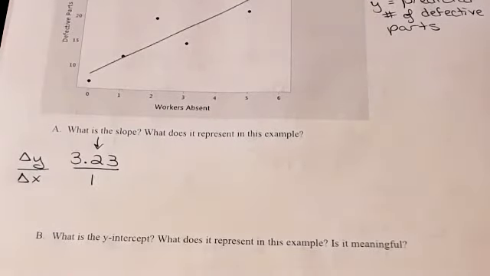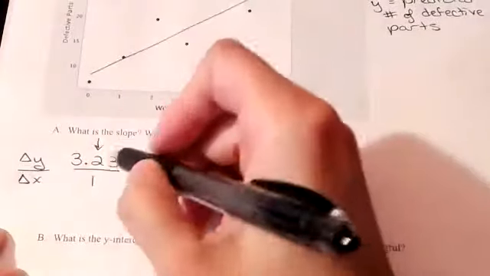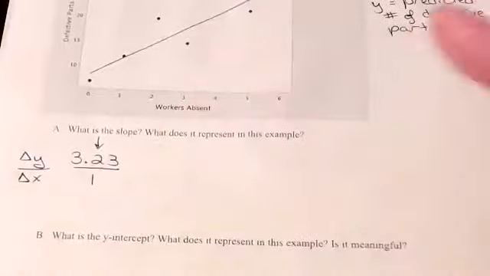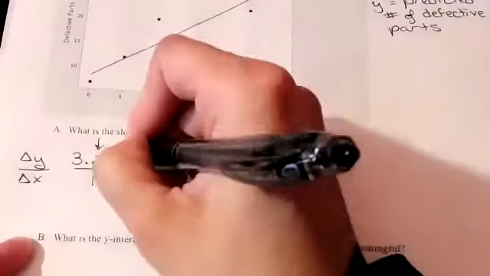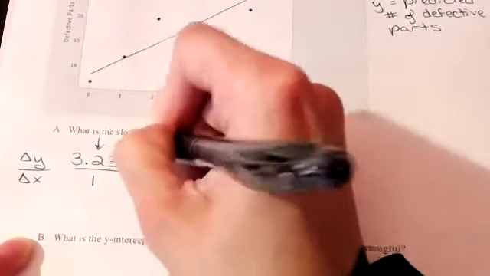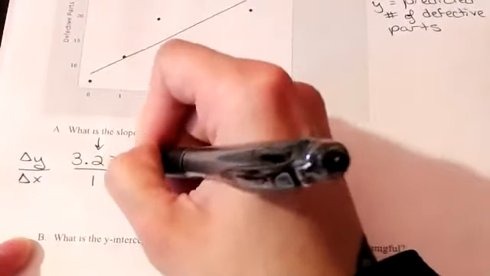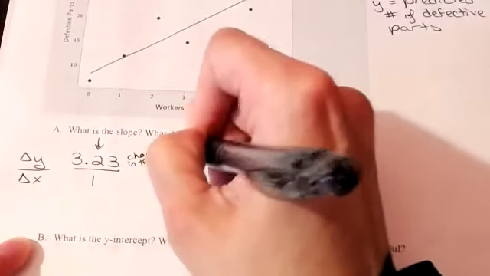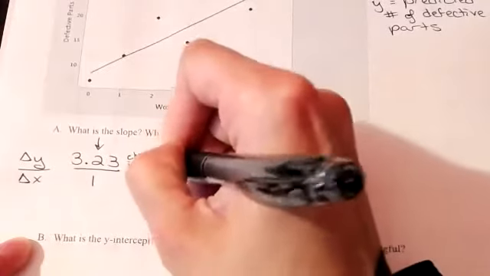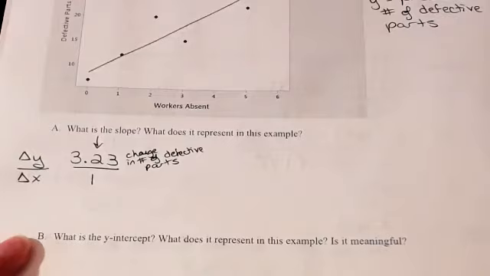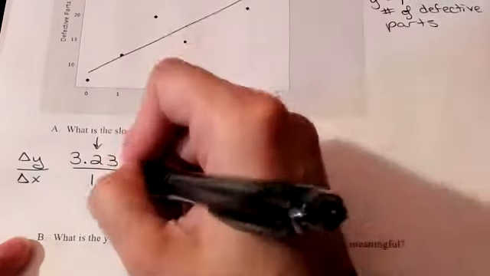So change in Y, this is going to help us to write out in words what this means. Y represents the defective parts. So I'm going to call this the change in number of defective parts. That's the numerator. X represents the change in the number of workers absent.